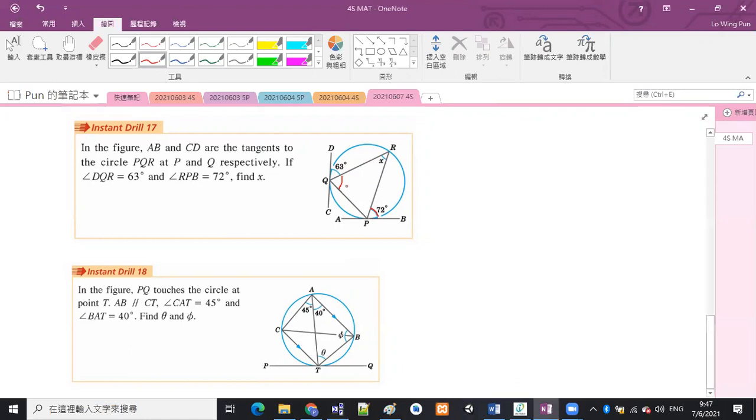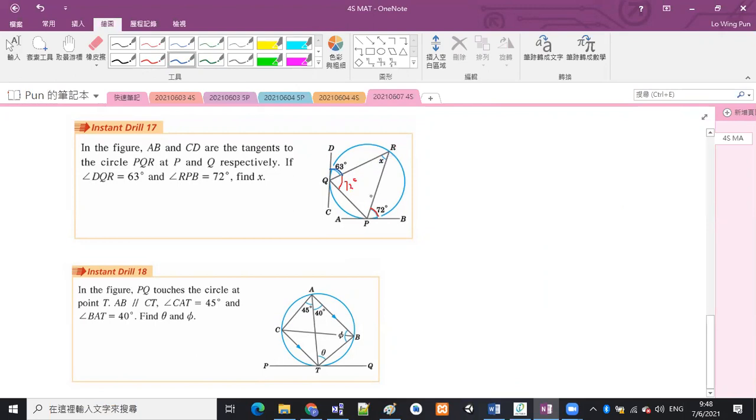Okay, so let me write this down, 72 degrees. And how about the 63 degrees? Because CD is also a tangent, and QR is also a chord. So this 63 degrees is an angle between chord and tangent, and it is sticking to the chord QR.